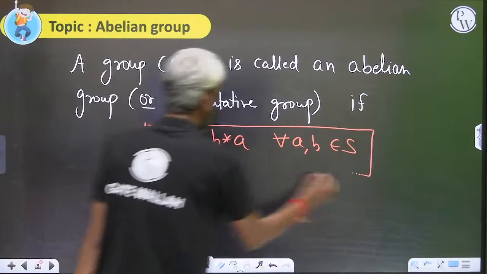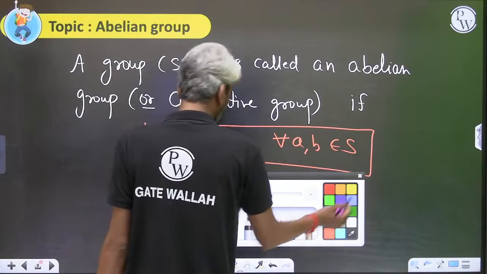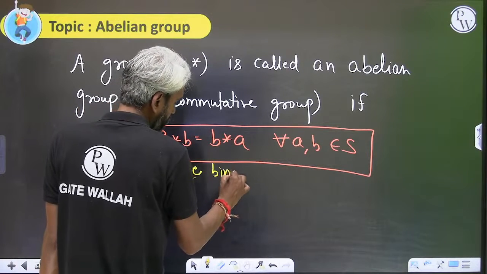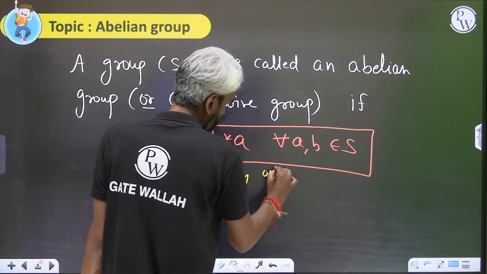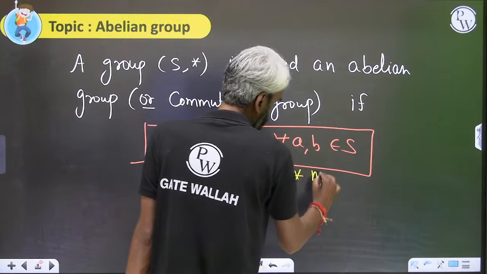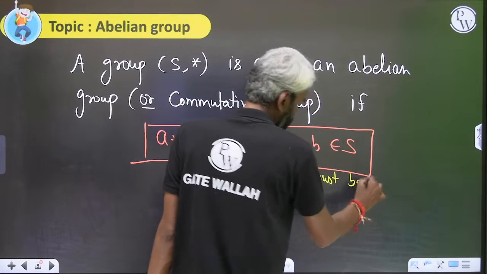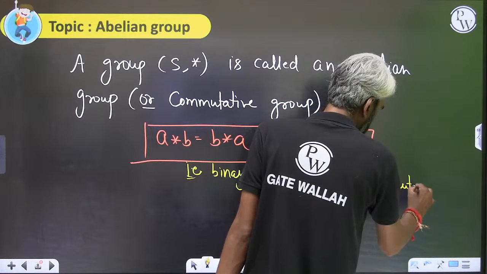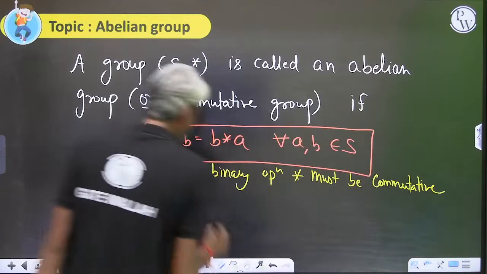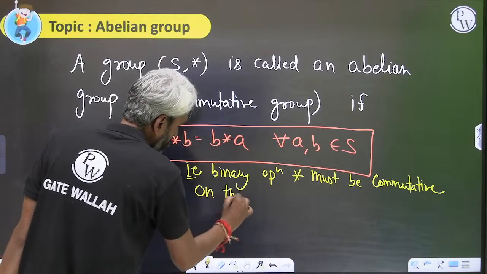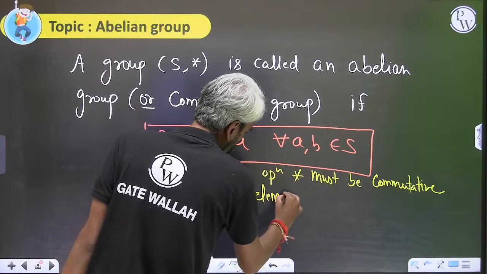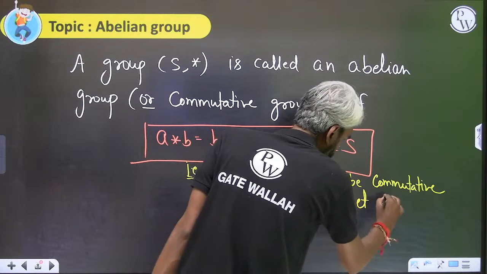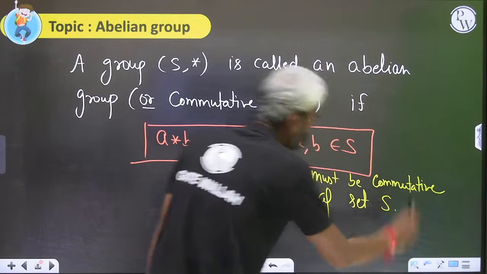What does it mean? That is, the binary operation asterisk must be commutative on the elements of set S. That's what you need to understand.